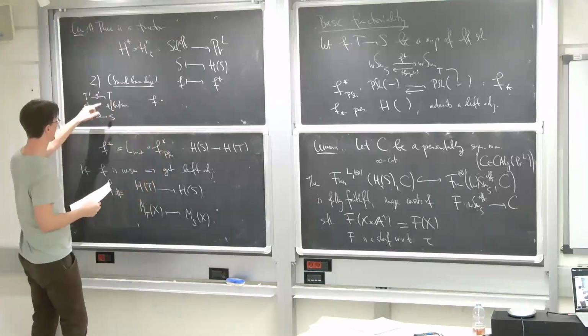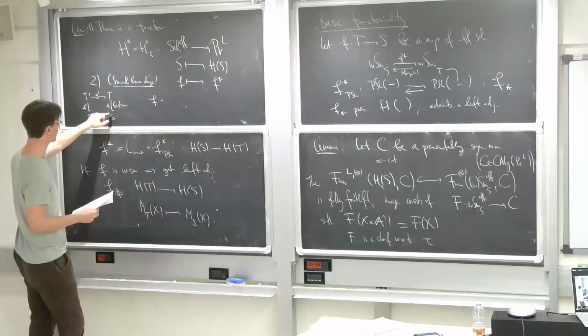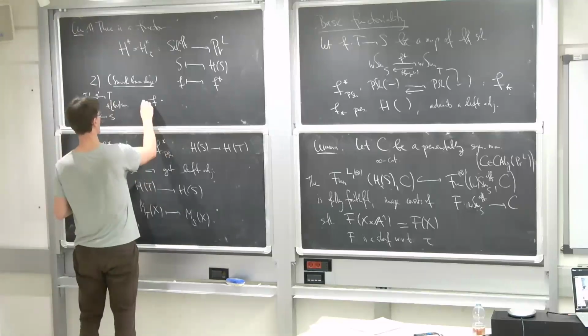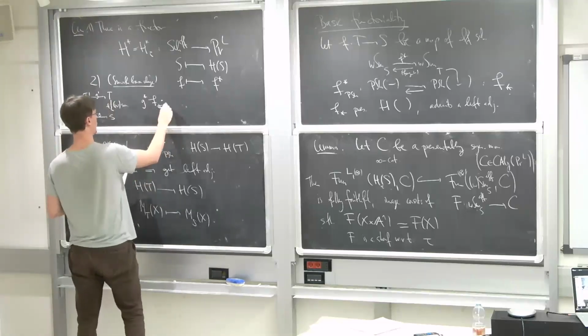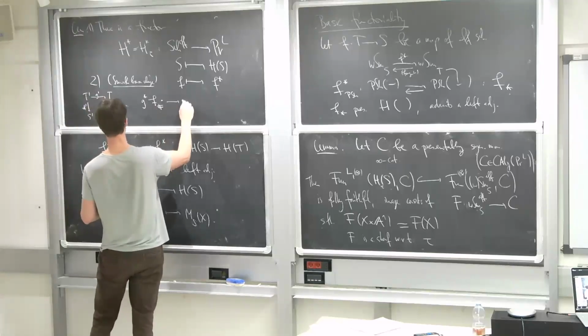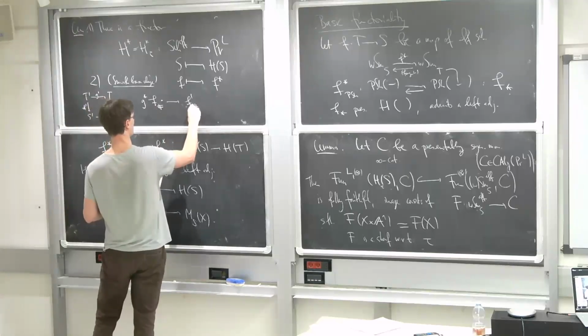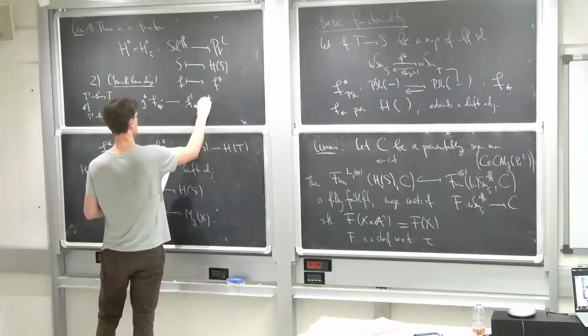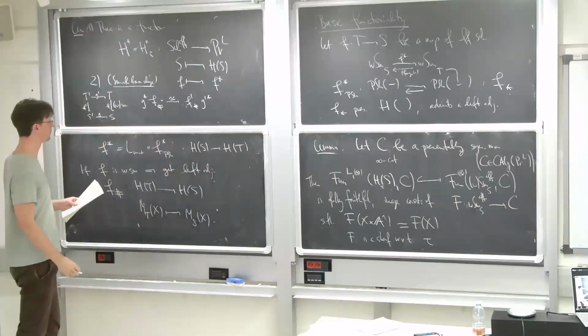What can you do? You can do this left adjoint F lower sharp and then pull back, or you can do the other way around, G prime lower sharp E prime also. So there's an isomorphism like this.